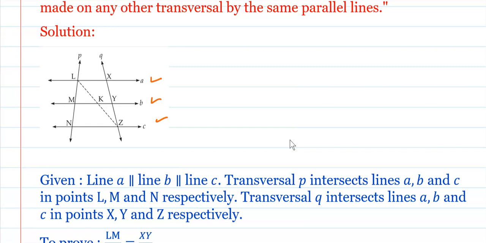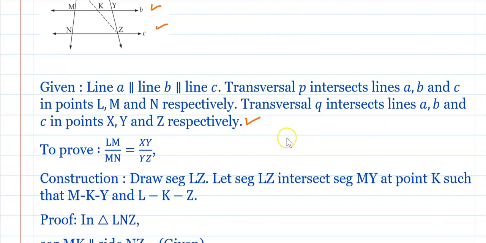Then another transversal Q intersects the lines A, B, C at the points X, Y, Z respectively. All this we will write in the given. Next, what we want to prove is that the intercept LM upon MN is equal to XY upon YZ. This we want to prove.